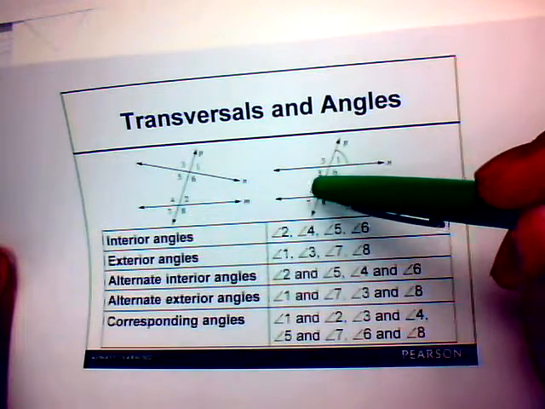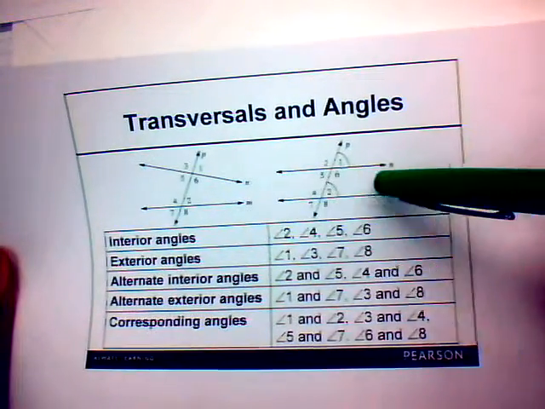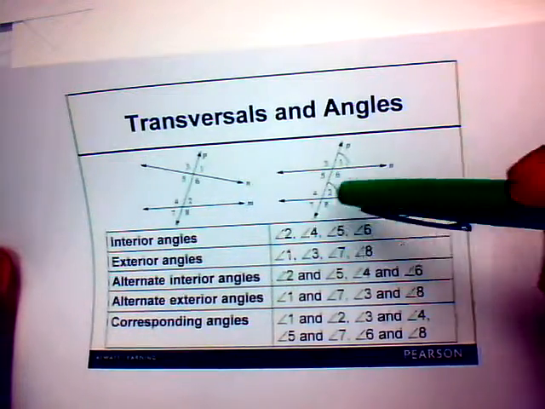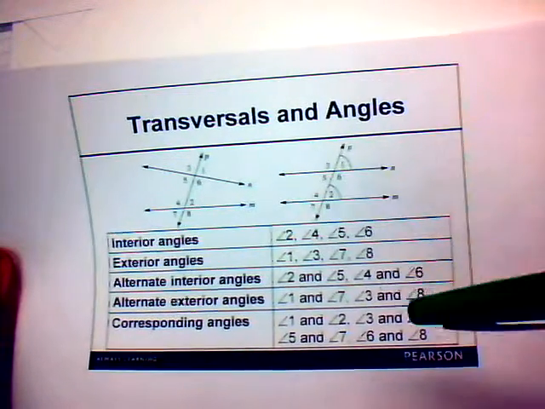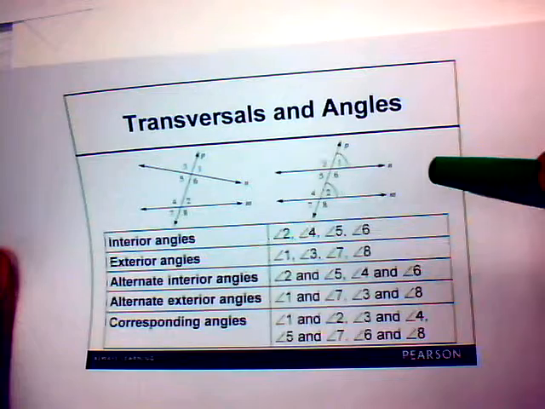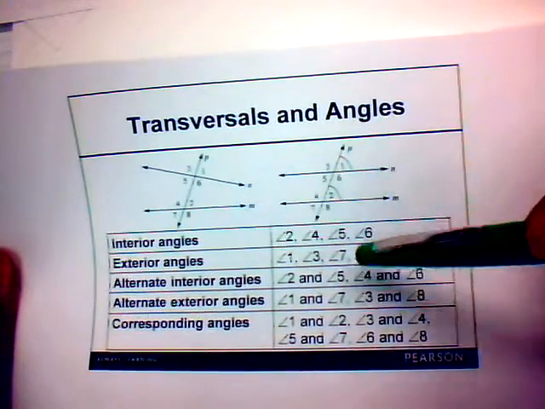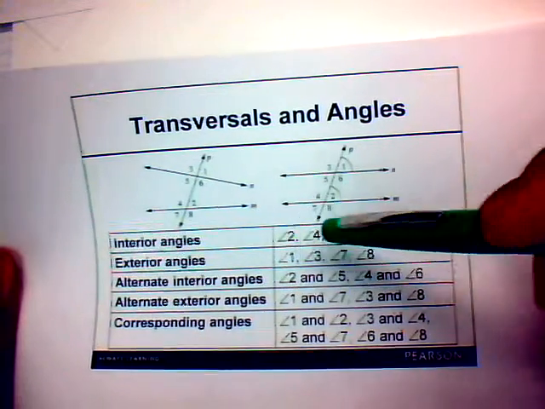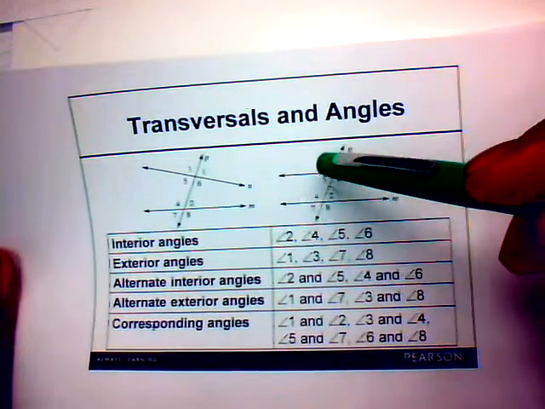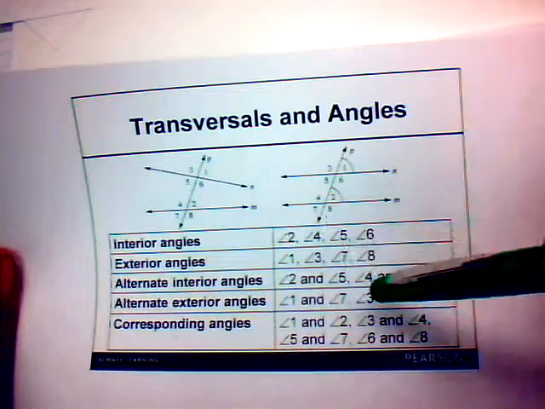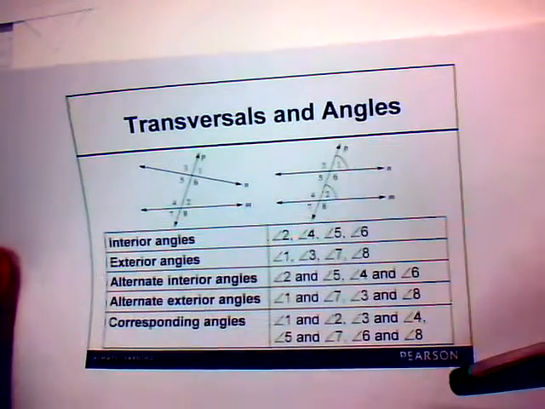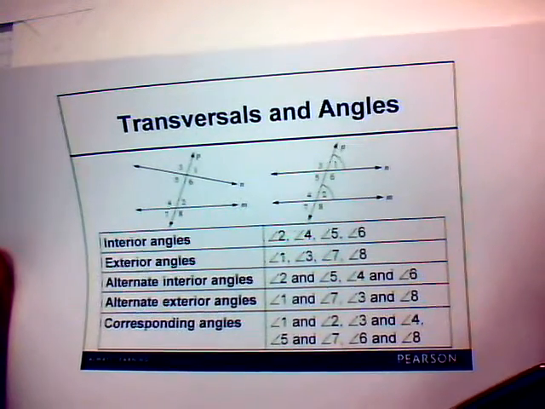They're on the inside. This is the interior. Well, the opposite of interior is exterior angles. They're on the outside of the two lines. Angle 1, angle 3, angle 7, angle 8 are exterior angles.